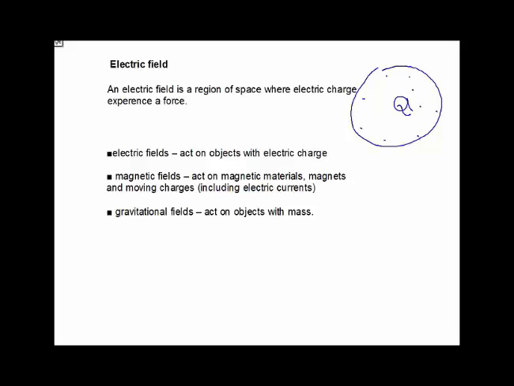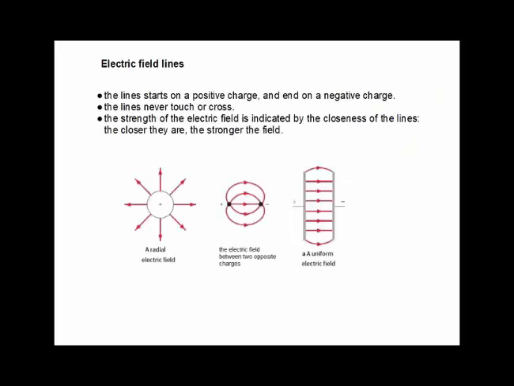Let's go with how to represent the electric field. Electric field can be represented by lines. We call them electric field lines. They are not real lines, just for representing the electric field.